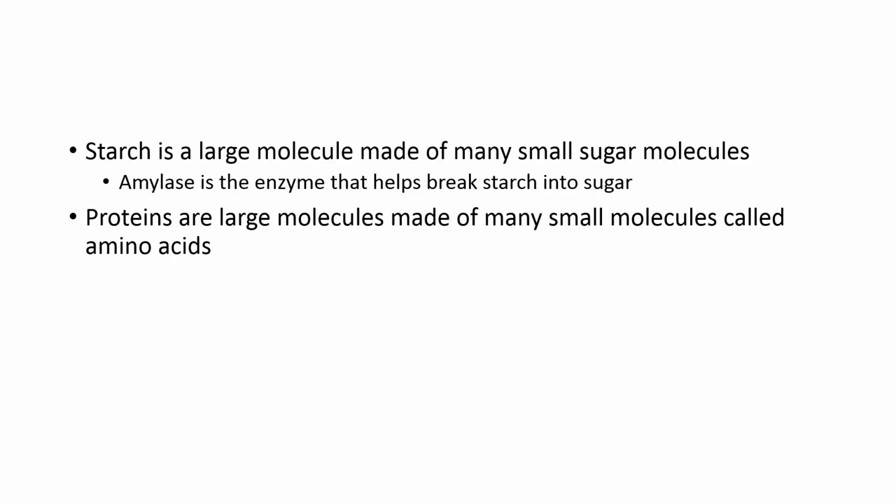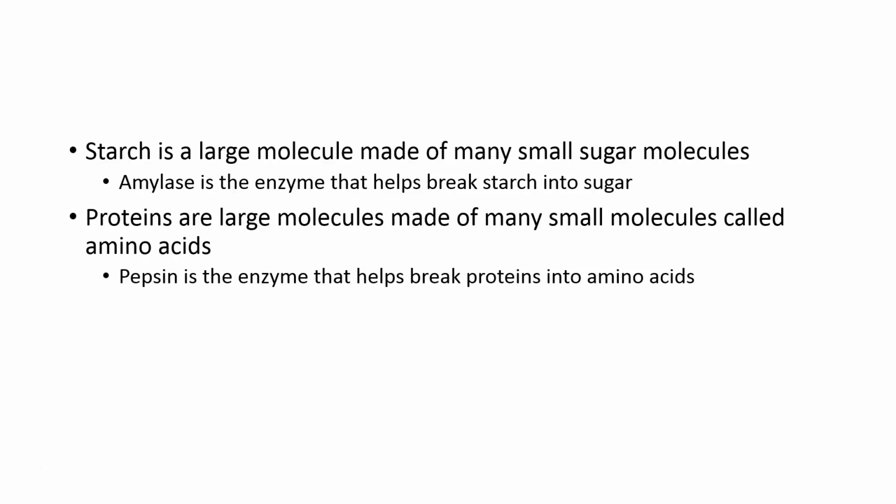Proteins are also very large molecules. They are made of smaller molecules called amino acids. Again, the protein is too large to pass across the cell membrane into the cell, but the amino acids are small enough to. Pepsin is the enzyme that helps to break the proteins into amino acids.